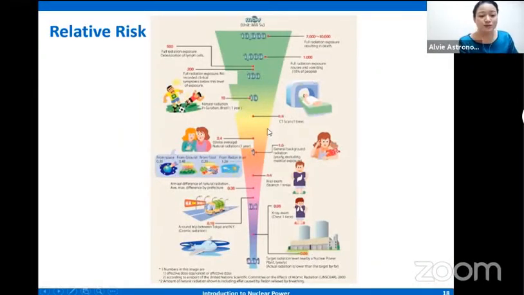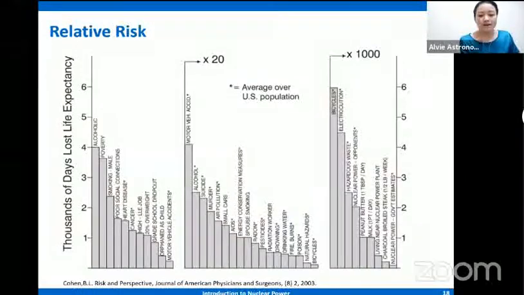And you see here, you are exposed to radiation when you eat food, when you go through a CT scan that's quite high, and so on. Even natural radiation in Brazil is higher, so about 10 millisievert. Millisievert is a unit of radiation dose.